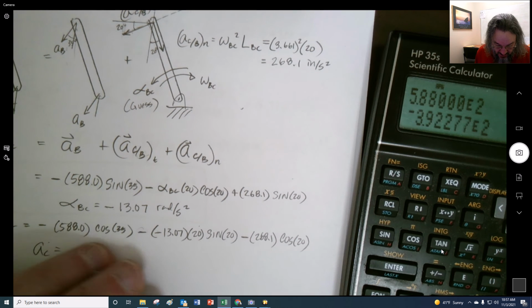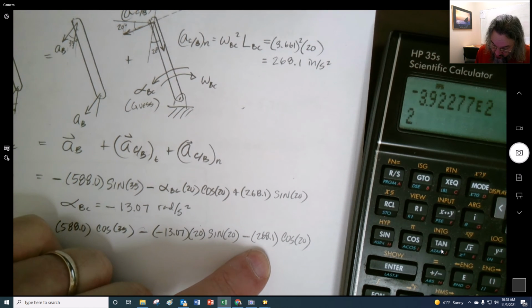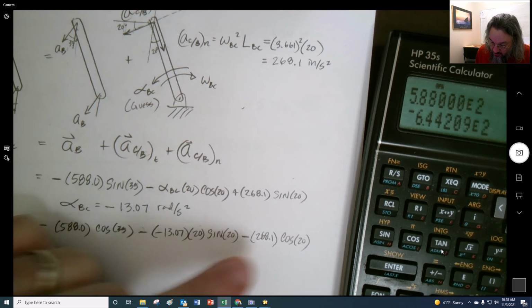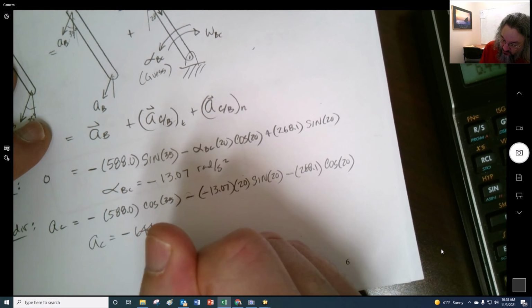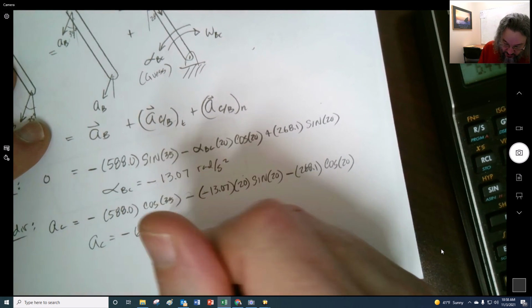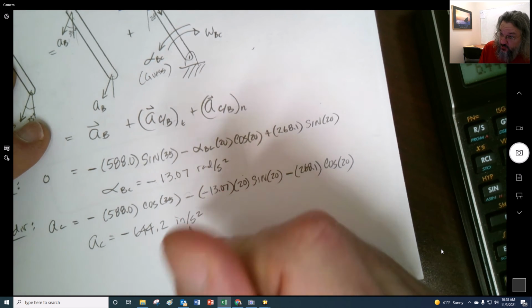So I still have a negative number here. I have 268.1 and the cosine of 20 times, and minus, and I get a negative 644.2. And these are inches per second squared.